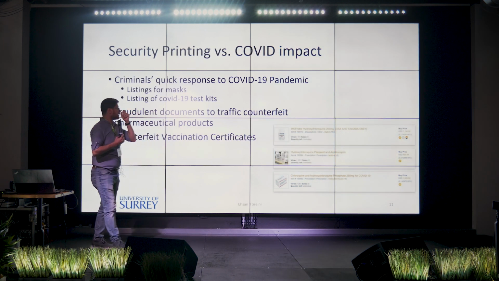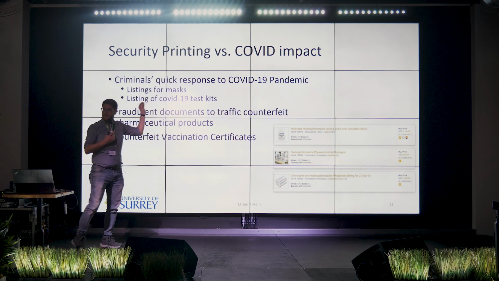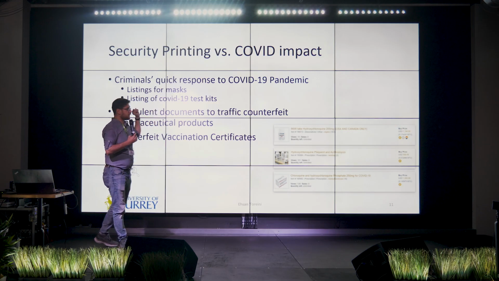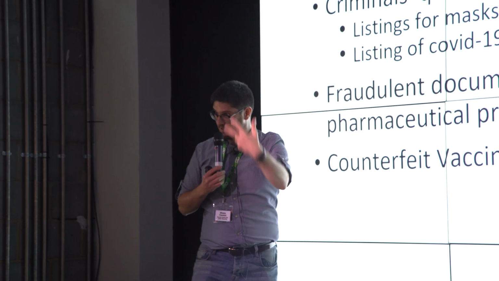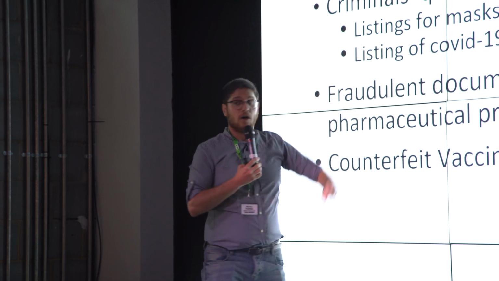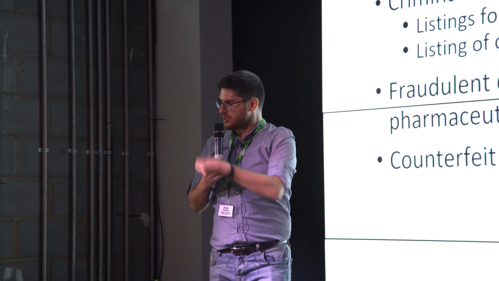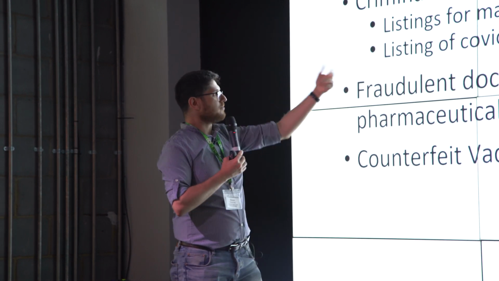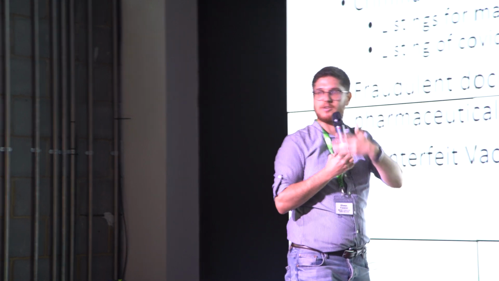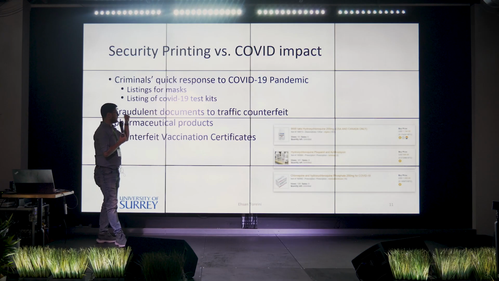When COVID started, the criminals were really, really quick to respond, especially with two special things. Counterfeit masks, N95 or these sort of certified counterfeit masks that you could easily buy, or COVID test kits that you can just buy on the darknet or by any other means and just use them.